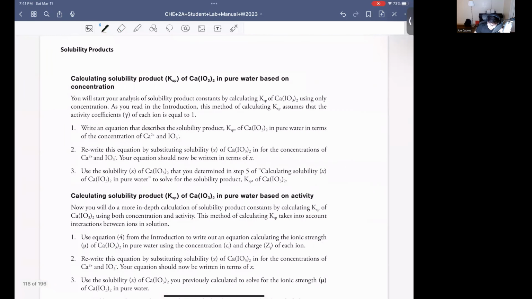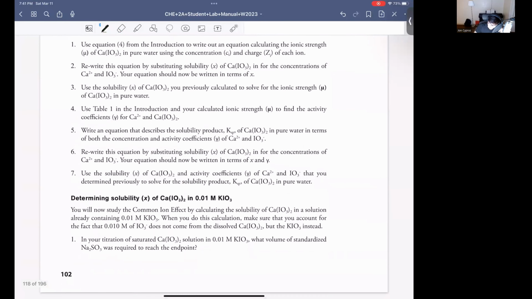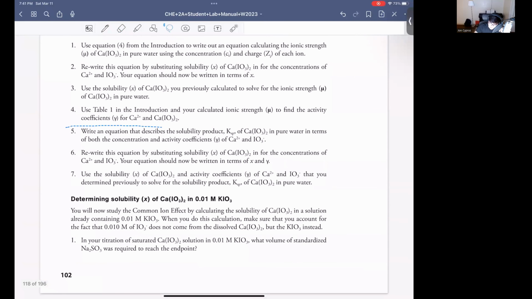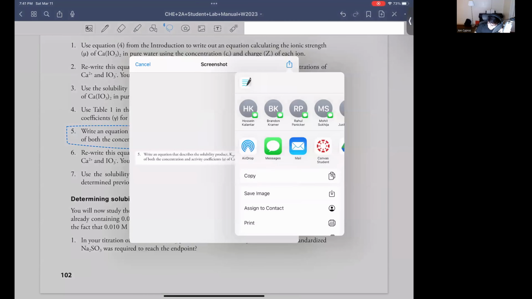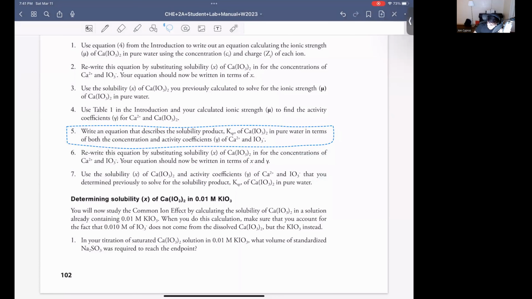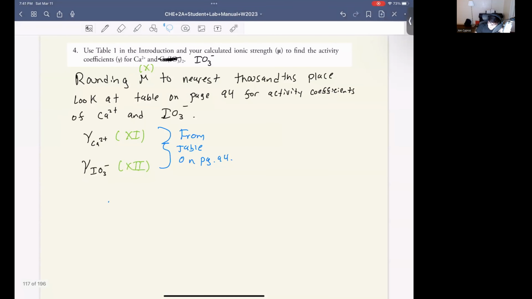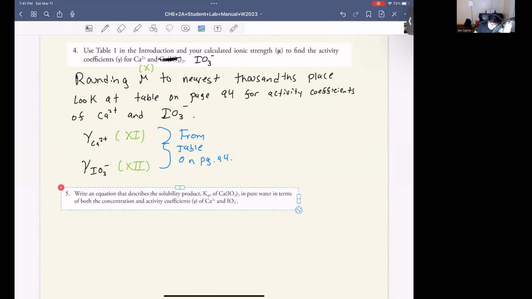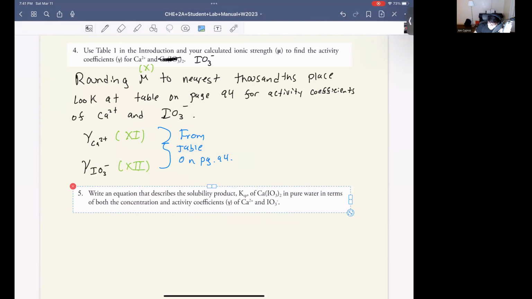All right. On to the next one. It says, write an equation that describes the solubility product, KSP, of calcium iodate in pure water in terms of both the concentration and activity coefficients of both calcium and iodate. All right. So this one is similar.